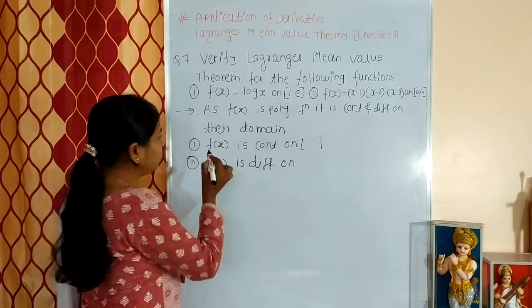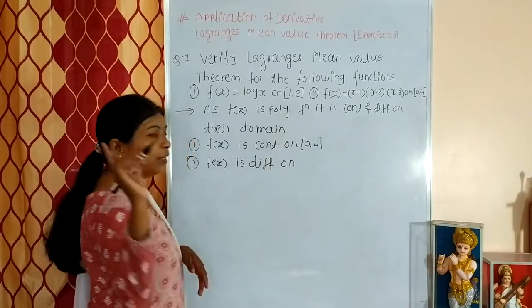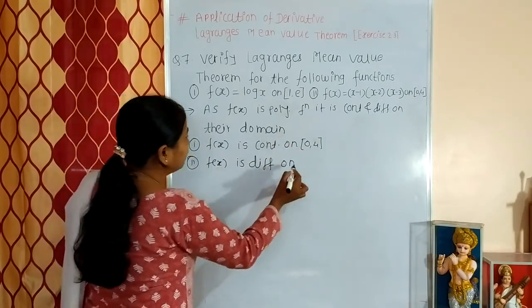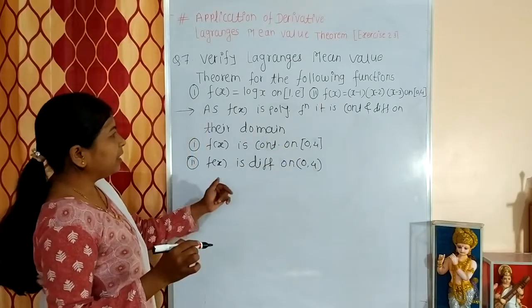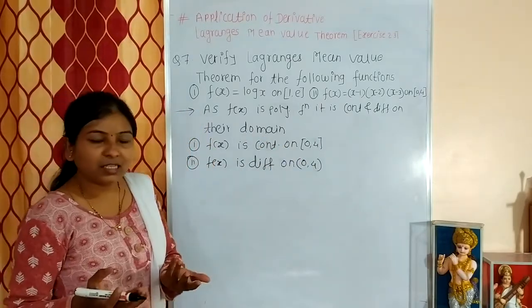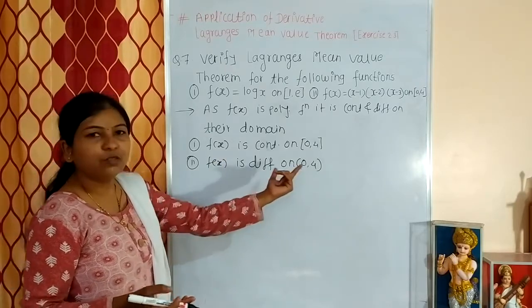तो फर्स्ट क्या होगा? f of x is continuous on closed interval, continuity के लिए closed interval, and f of x is differentiable, differentiability के लिए open interval. Okay, then next क्या है? Both conditions are satisfied, मतलब this LMVT is applicable for this function.